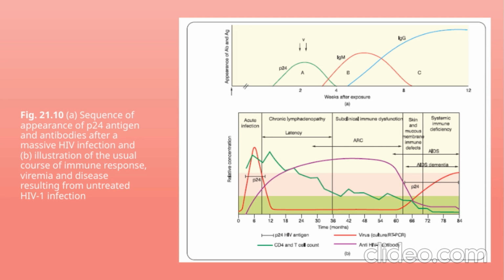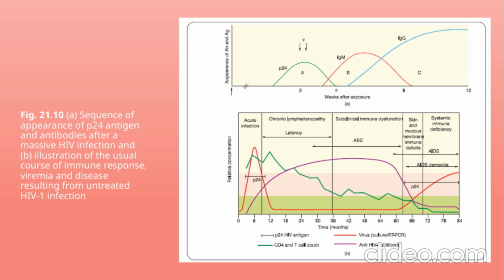Initially, right after infection, the P24 antigen becomes detectable, which indicates the presence of the virus itself. As the immune system responds, antibodies start to develop, eventually surpassing the levels of the antigen. This sequence is crucial because it helps us understand the timing of diagnostic markers during infection.